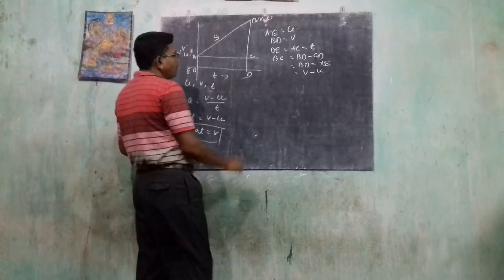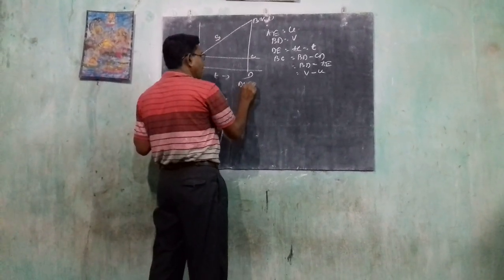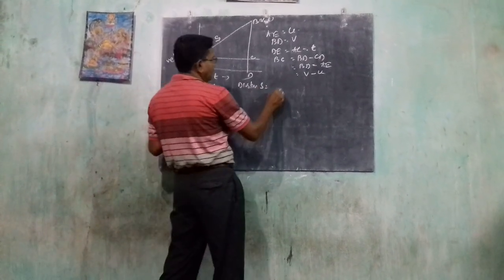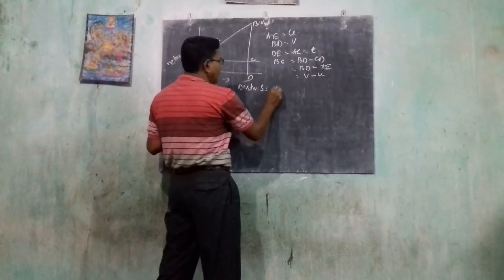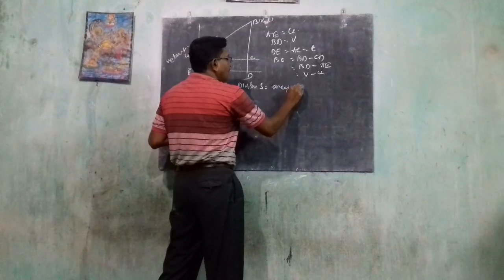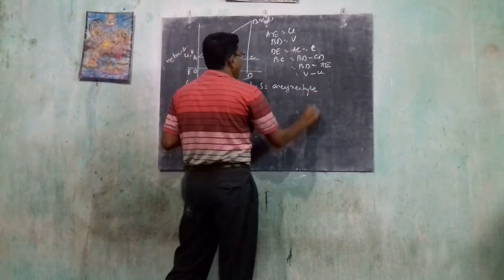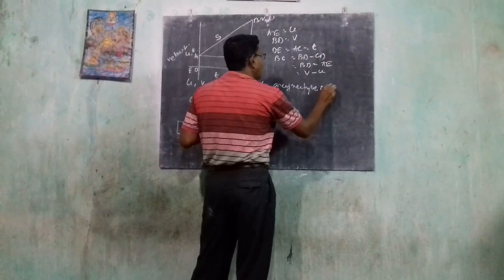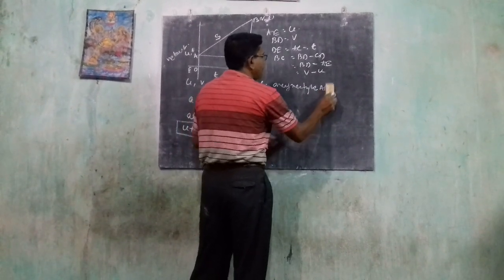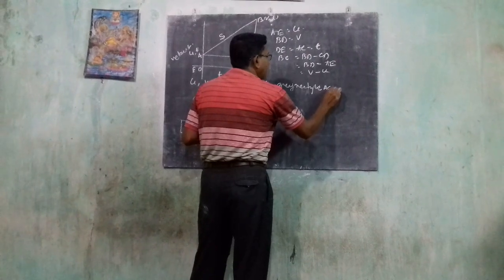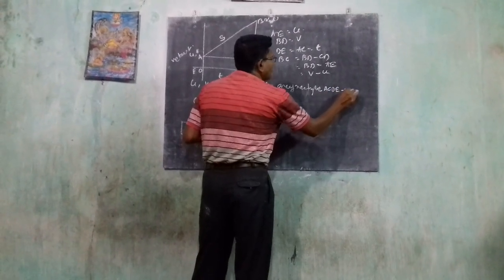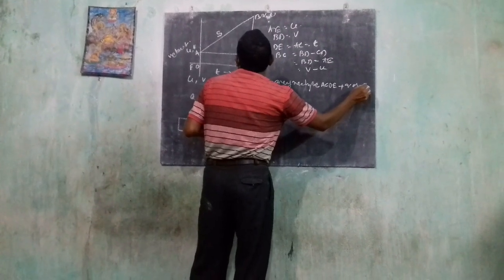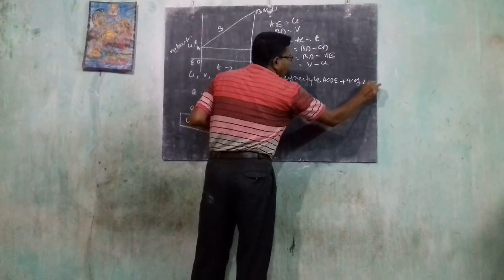Now the distance S we find as the area of rectangle ACDE plus the area of triangle ABC.